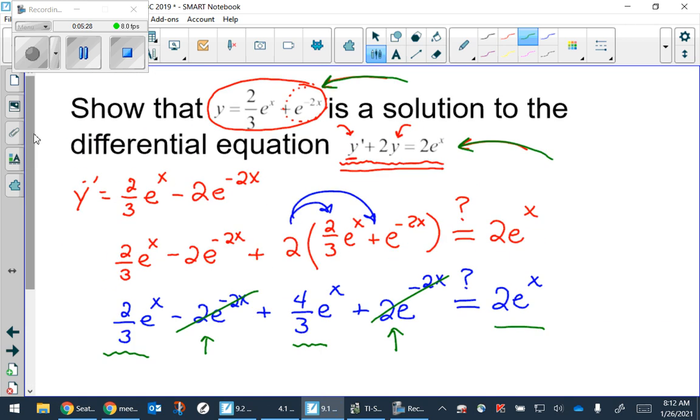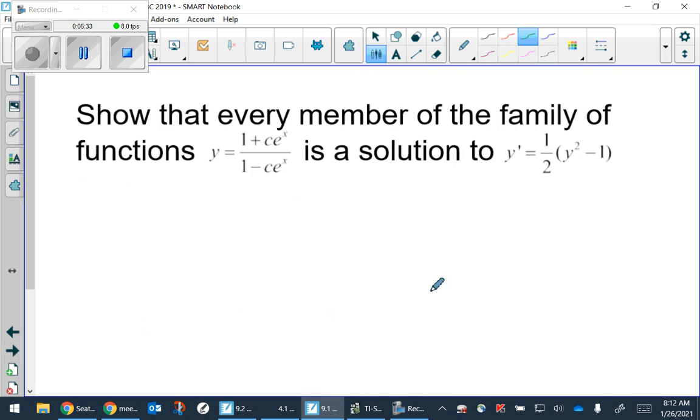That's it for that slide. We move on. Show that every member of the family of functions is a solution. Holy cow. Now, this is a family of functions because there's a C. C is some constant. C is some coefficient.